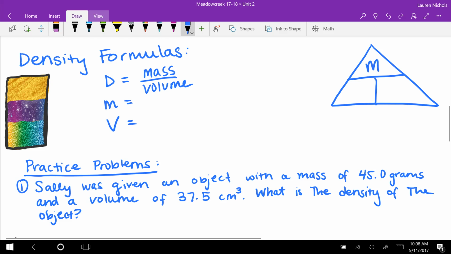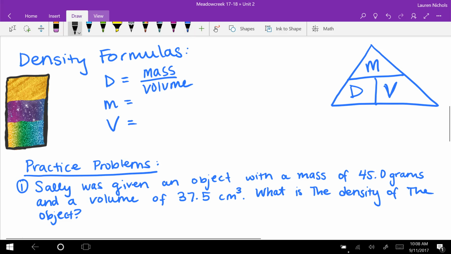If you put mass in the top part of the triangle and density and volume on the bottom, and you draw this triangle on your test, you will always, always, always be able to get the correct formula. And the reason why is if you cover up density with your hand on the triangle, you will find that you only have mass over volume left, and that's the formula. If you cover up mass with your fingers, then you have density and volume side by side.